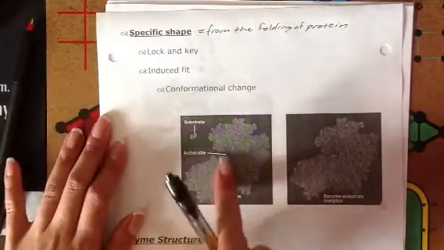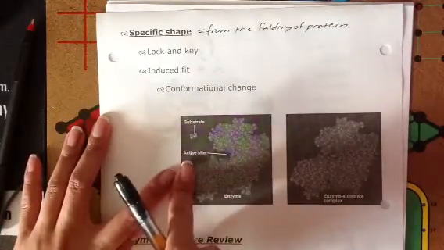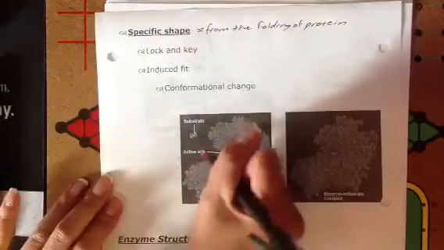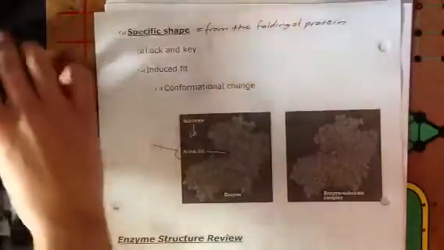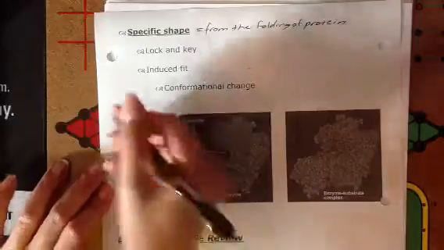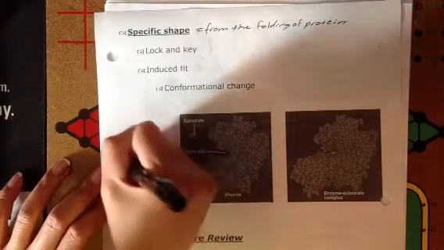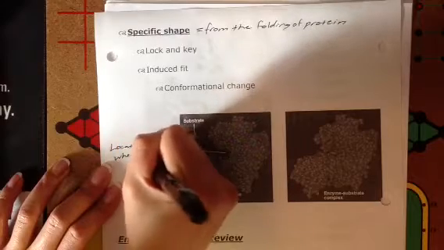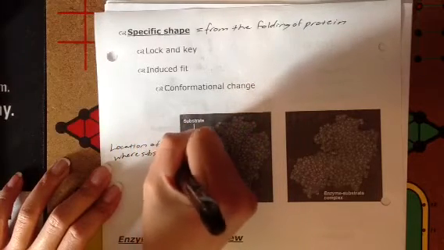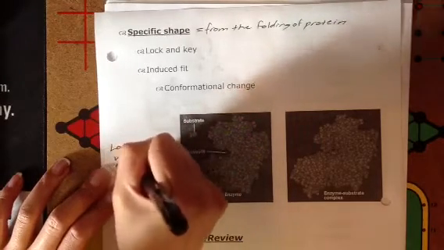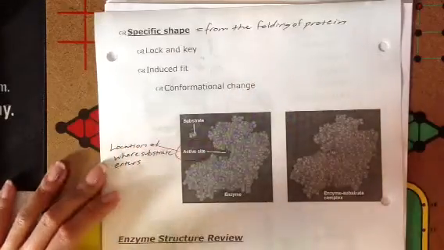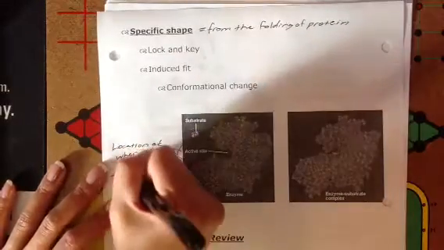You have its specific shape, which is known as the active site. The active site is going to be our location of where the substrate enters the enzyme.